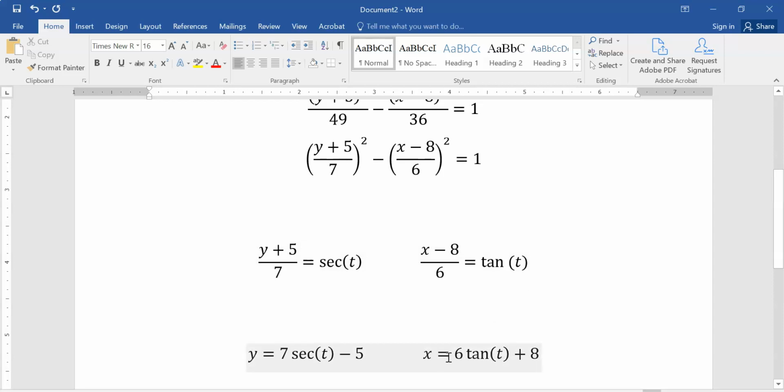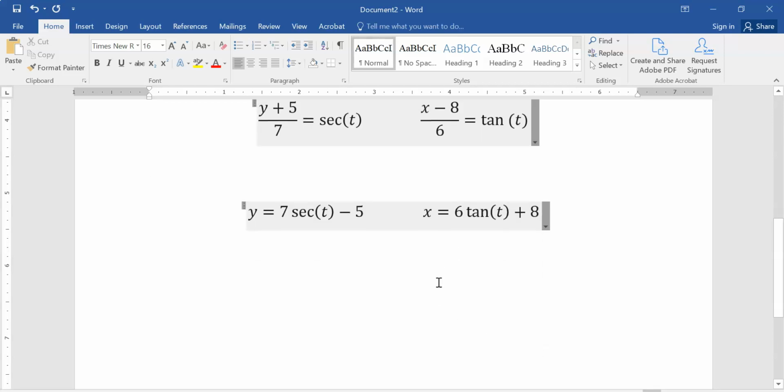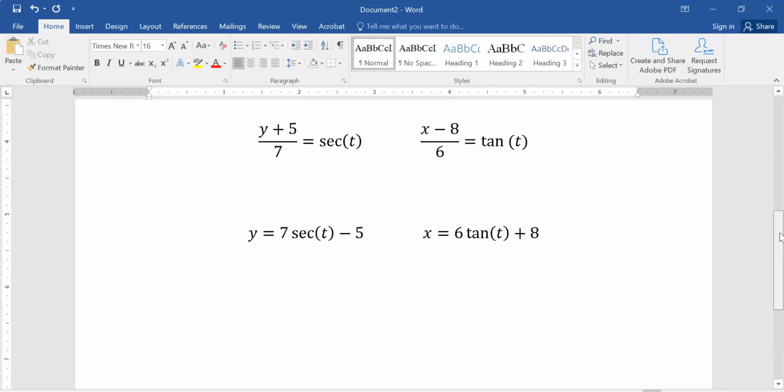So you get x equals 6 tangent t plus 8. And that would be your pair of parametric equations that give you the hyperbola that you started with. This was the standard form of a hyperbola. So there you go. That's how you would convert back and forth between rectangular and parametric equations.